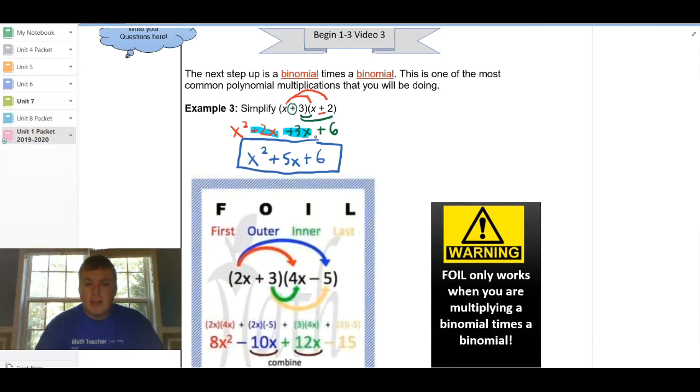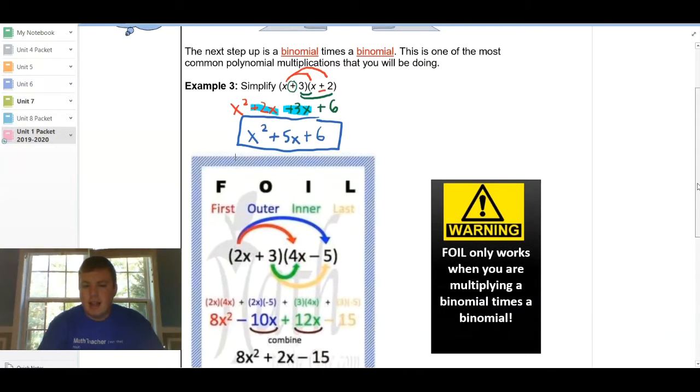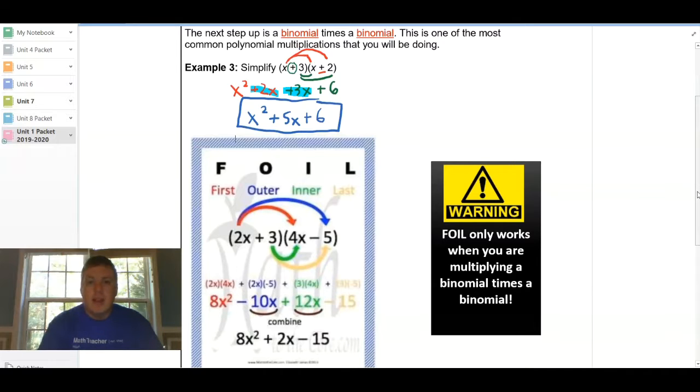So just a couple things. You might see this called the FOIL method. We have this little graphic here below the example that summarizes the FOIL method. It's just a memory trick to help you remember how to multiply a binomial times a binomial. FOIL stands for first, outer, inner, last. If you look back at the problem that we just solved, we multiplied the first term in the first binomial times the first term in the second binomial, and we got the x squared.